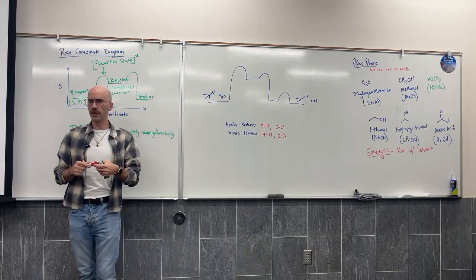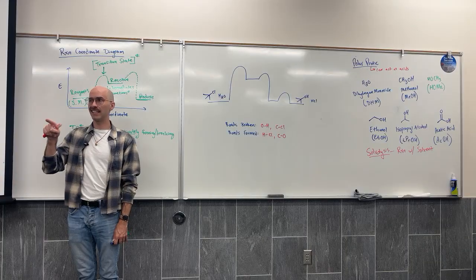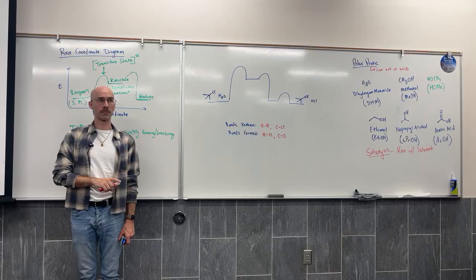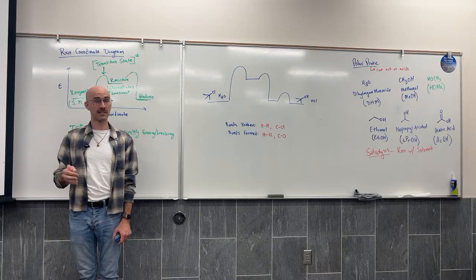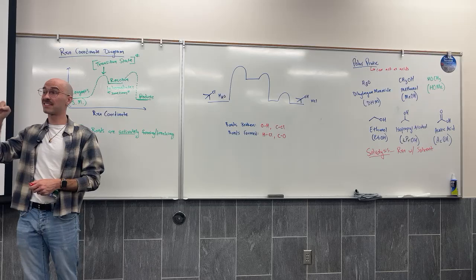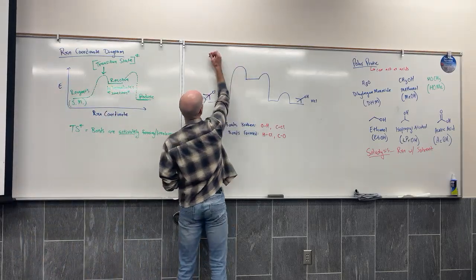So we could imagine a world where this takes 4 steps. In each step, 1 bond breaks or 1 bond forms. But this did not take 4 steps. We can actually count the steps in a reaction by counting the transition states.